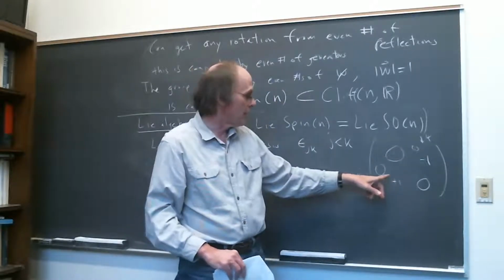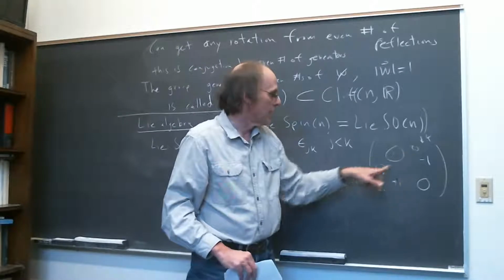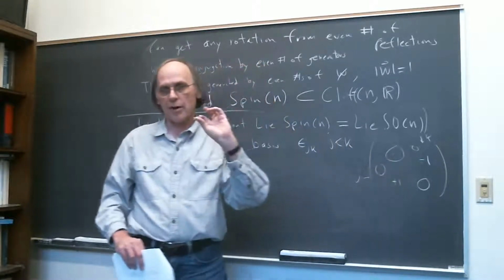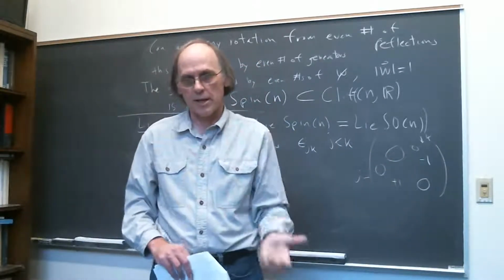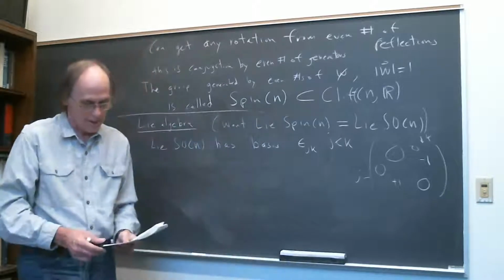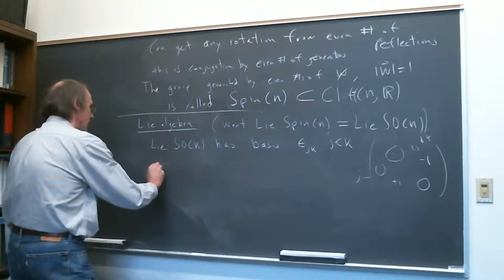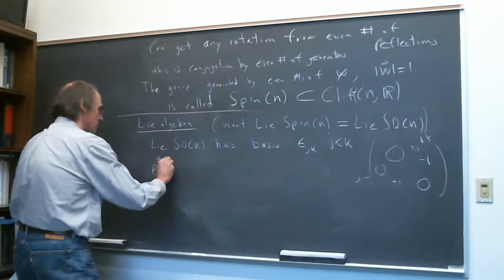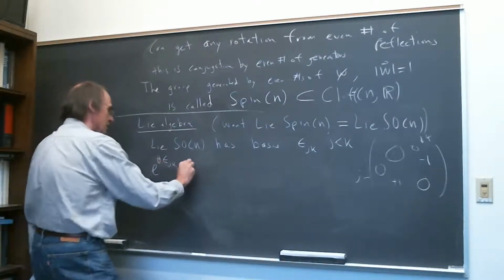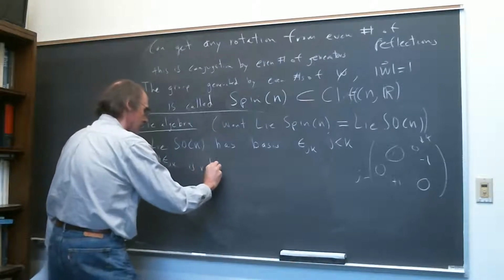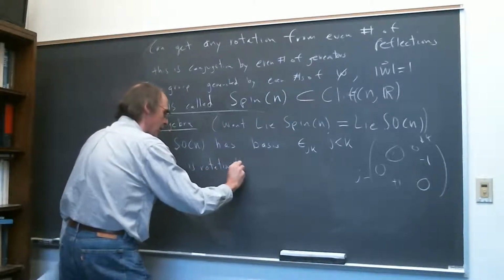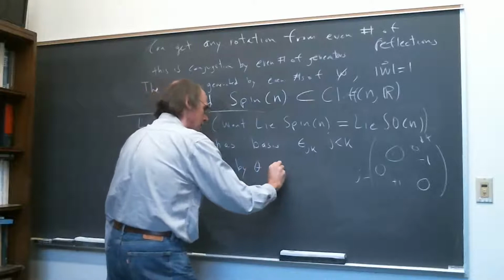These are the generators of rotations in the jk plane. So e to the theta epsilon_jk is rotation by theta in the jk plane.